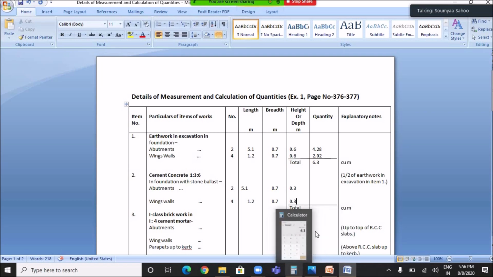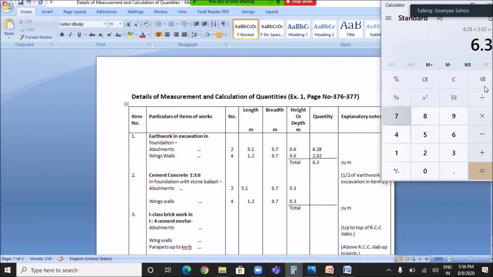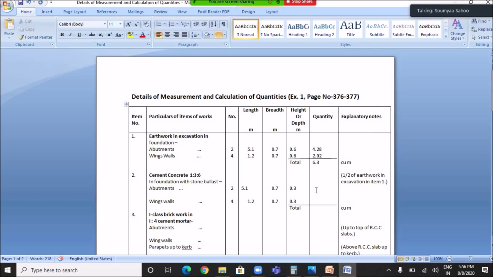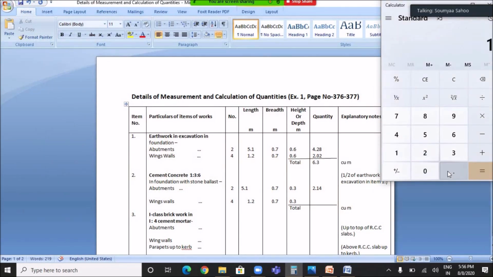Now we will quickly calculate the quantity. First we will calculate for abutment. So 5.1 multiplied with 0.7 multiplied with 0.3 multiplied with number of abutment, that is 2, equals to 2.142. So 2.14 cubic meter.